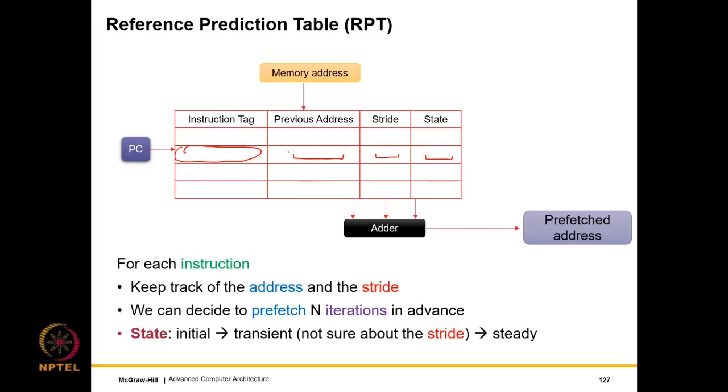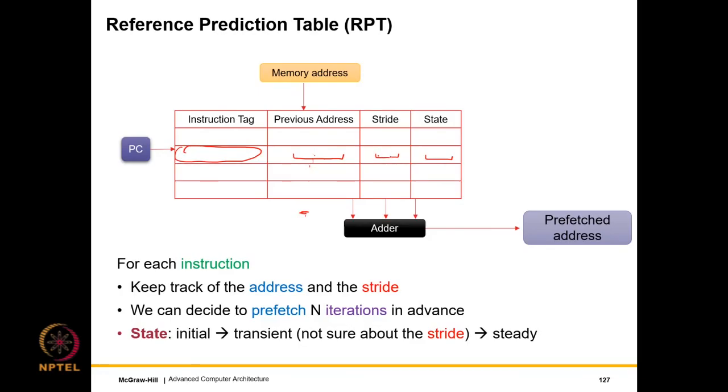So we keep track of the addresses. So basically for a given PC we keep a track of the previous memory address. Whenever there is a miss, what we do is we subtract the previous address from the miss address and see whether it is equal to the stride or not.